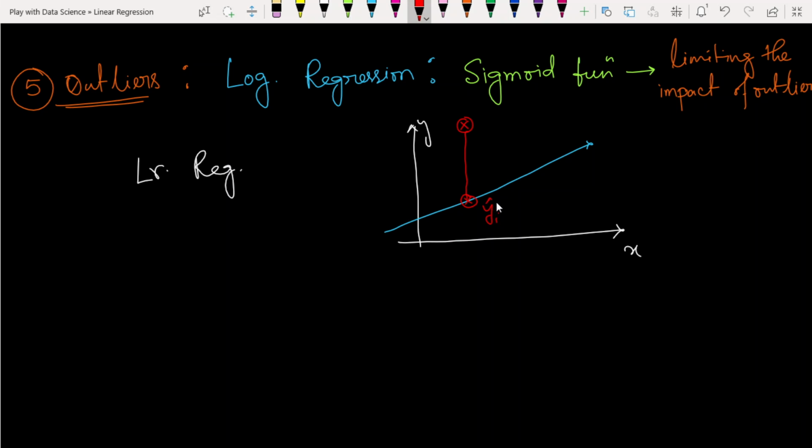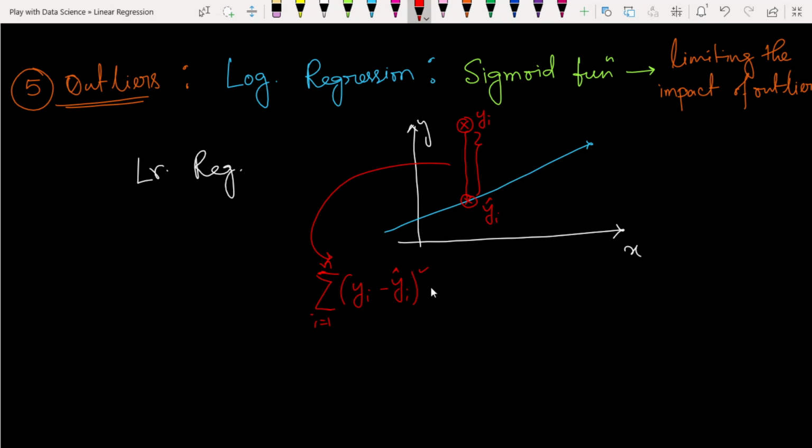This is our predicted yi hat, this is our actual yi, and we want to minimize this distance, by minimizing the sum of the squares of all these distances, the sum of (yi minus yi hat) squared over all i.